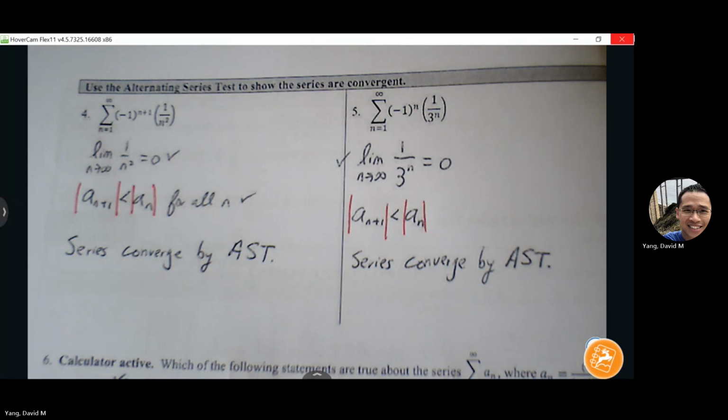That trig function makes it alternate, but it's always going to hover between -1 and 1. That's right.